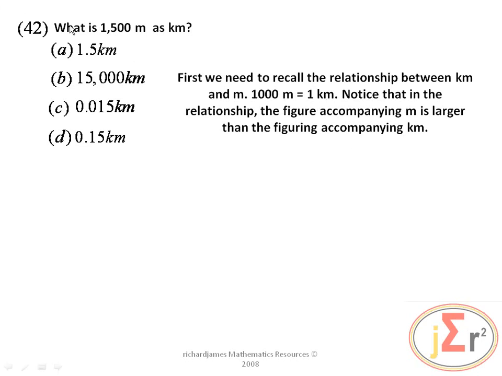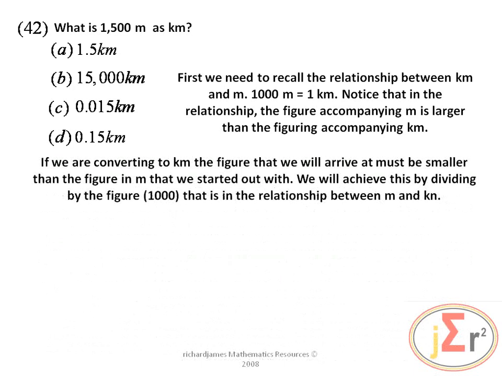Now we have here meters to be converted to kilometers. Because of this fact that in the relationship, the number on the side of the equation that we have meter is larger than the number on the side that we have kilometer, when we do our conversion from meter to kilometer, we are always going to get a smaller number.